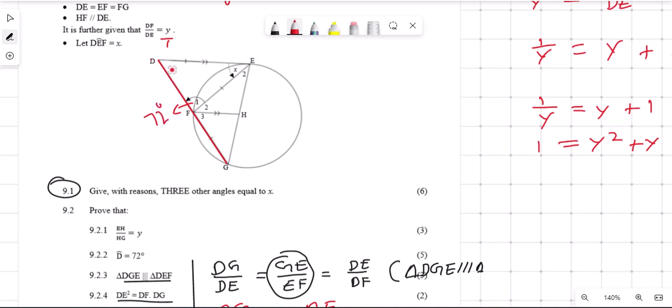And angle D is also 72 degrees. And this one is 32. But since we don't have a right angle triangle, we can't use the trig ratio. We can only use the cosine rule, sine rule, and area rule. Is that correct? Yes. So then we are going to go to triangle DEF.